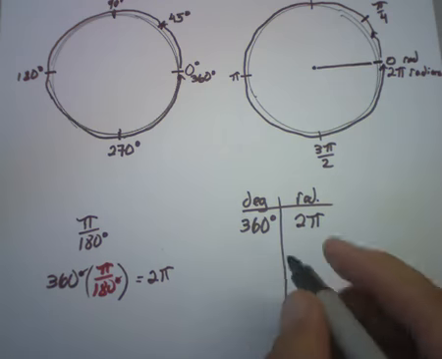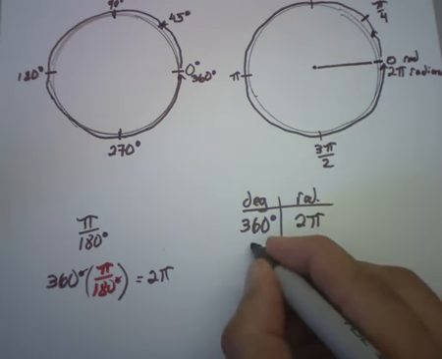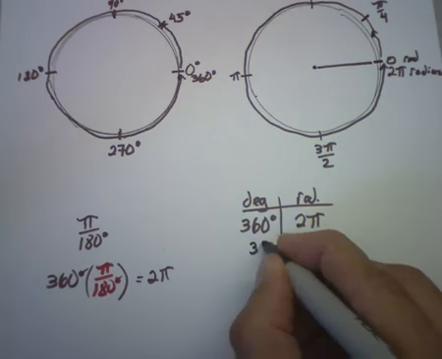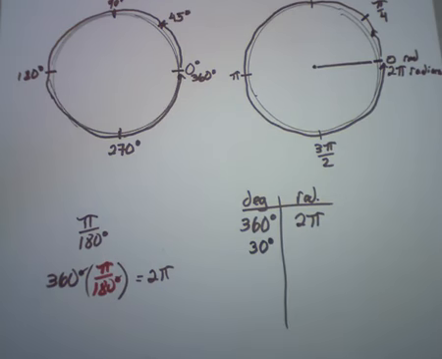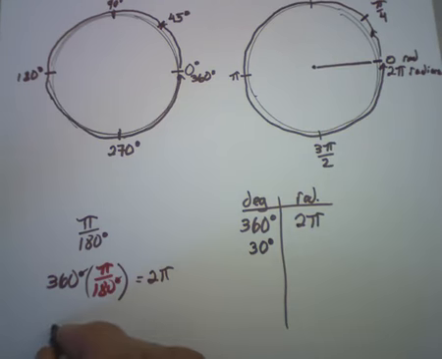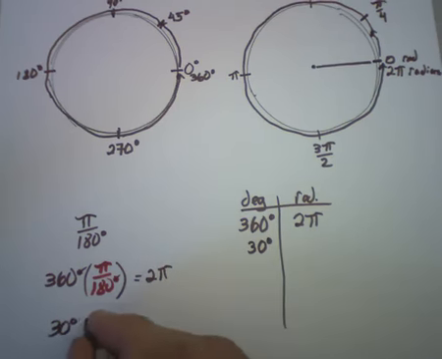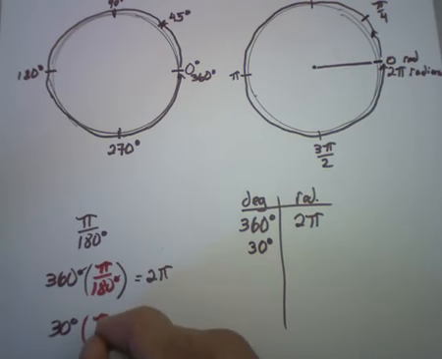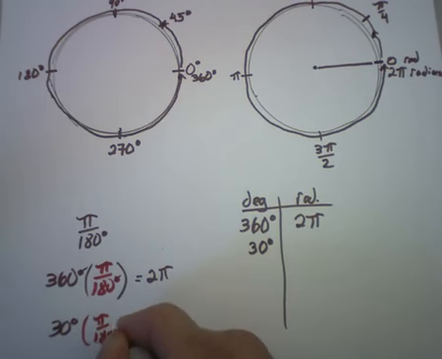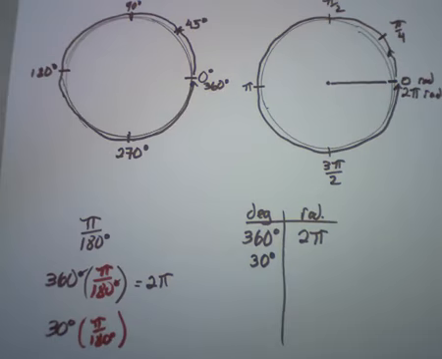And if we wanted to do one that was slightly more involved, let's say we wanted to convert 30 degrees into radians. Same thing, say 30 degrees times our conversion factor, which is pi over 180. And you can do this on your calculator too, of course, you don't have to do it by hand.